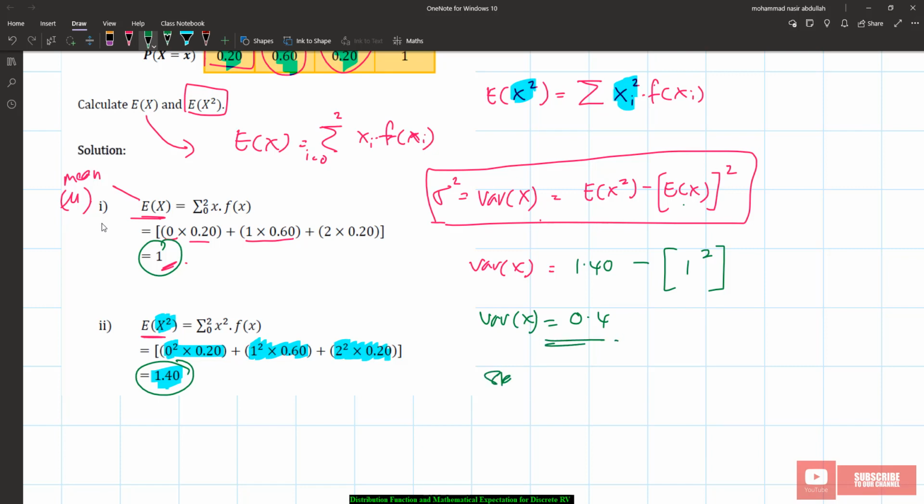And standard deviation, if you still remember last topic, standard deviation is equal to the square root of variance. So it means the square root of 0.4. Square root of 0.4 is equal to 0.2?